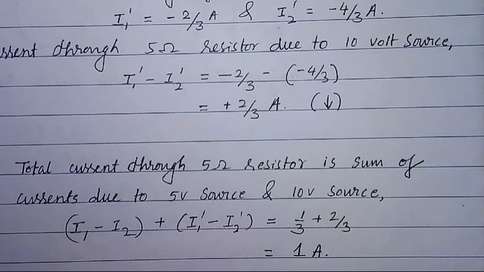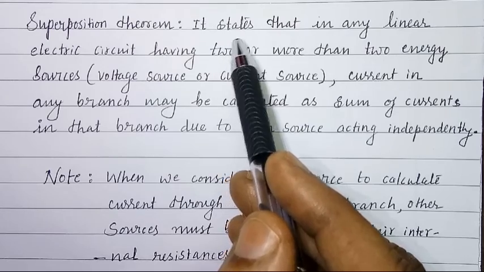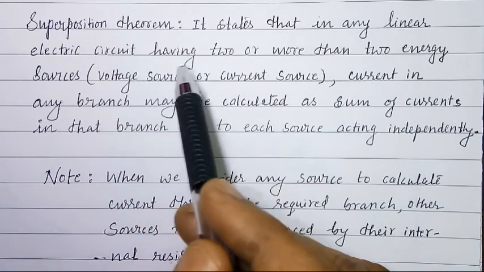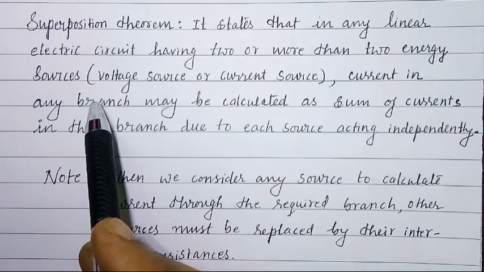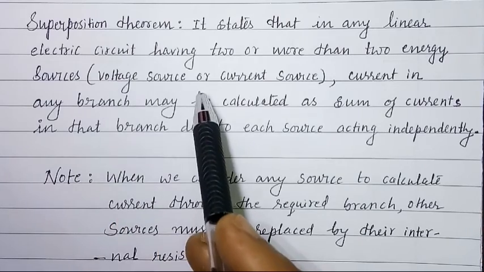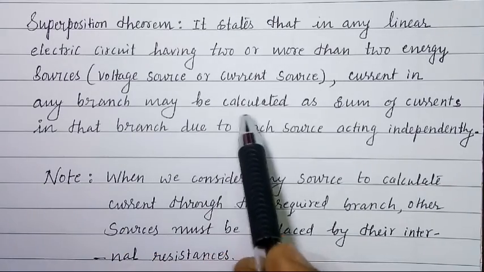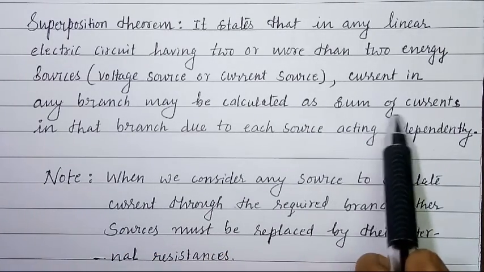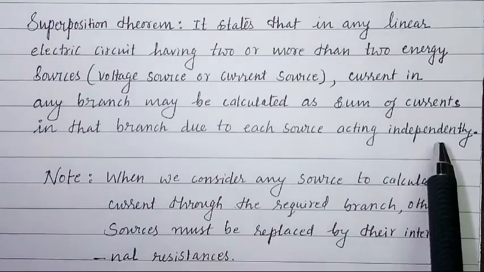After solving for current through 5 ohm resistor using superposition theorem, now we can state superposition theorem as: superposition theorem states that in any linear electric circuit having two or more than two energy sources, means voltage source or current source, current in any branch may be calculated as sum of currents in that branch due to each source acting independently.